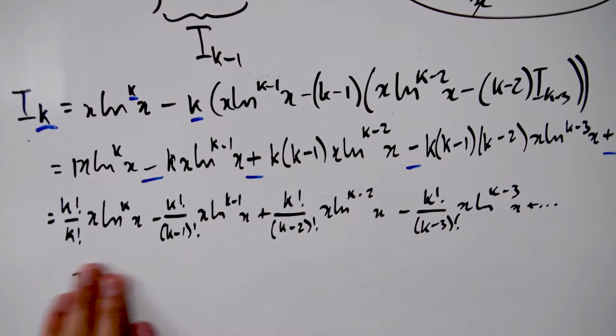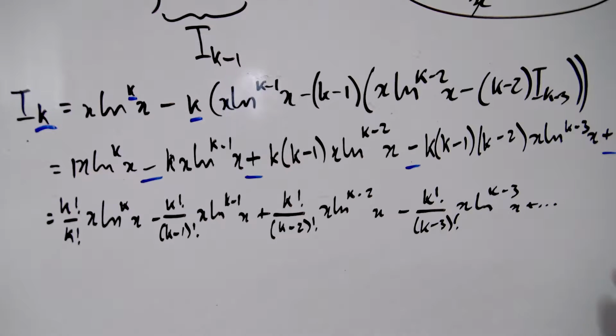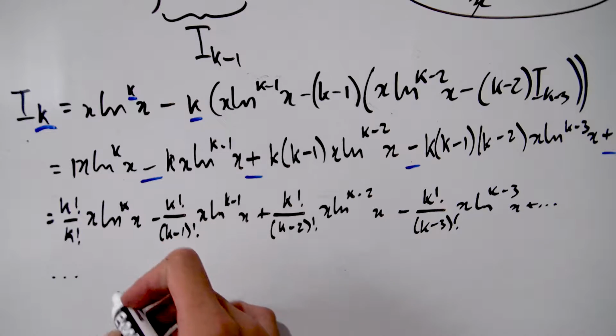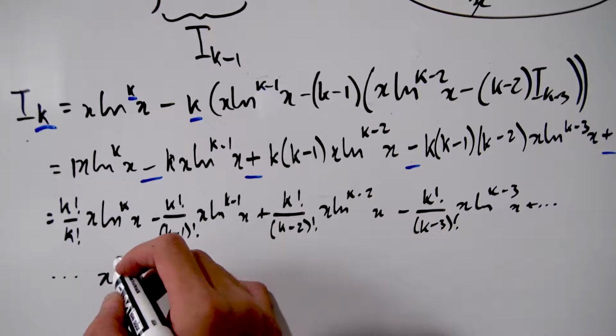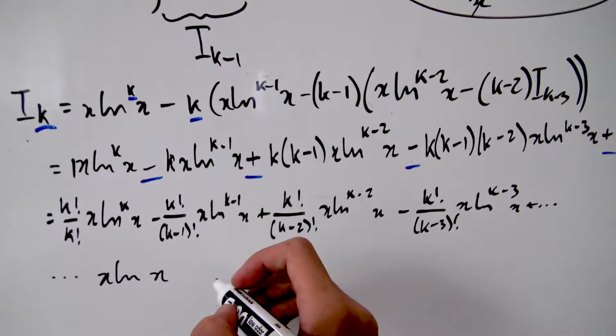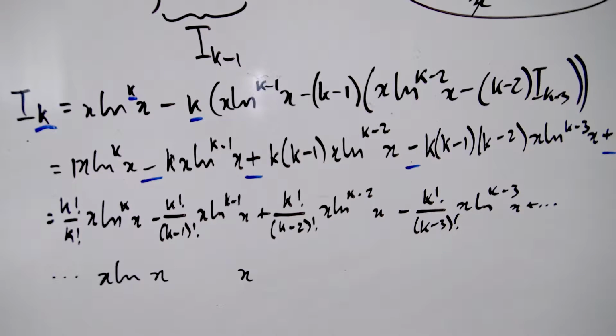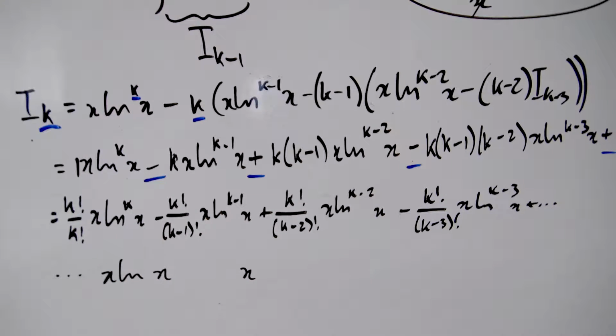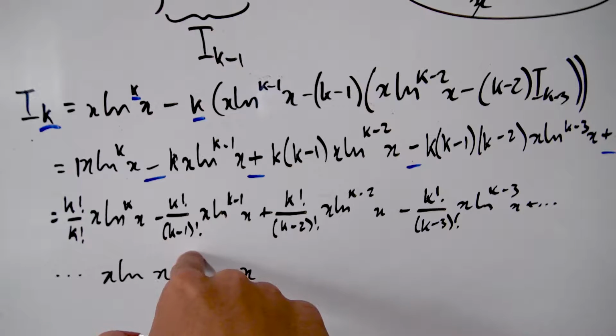So what we can do is say that this series keeps going, so I'll just continue it here with dot dot dot. We'll have an x natural log of x, and then an x term hanging off the end here. And the problem is we have to figure out what the coefficients are and whether it's a plus or a minus. So let's work out these coefficients first.